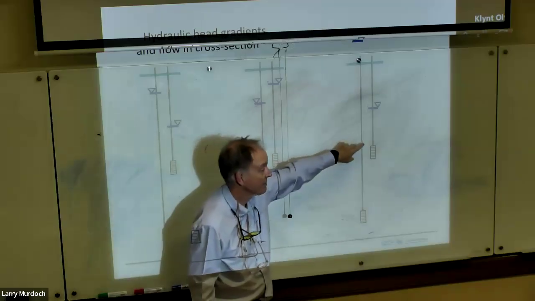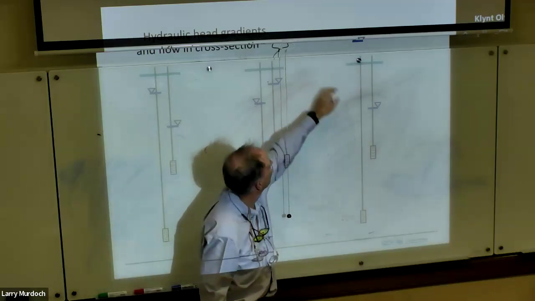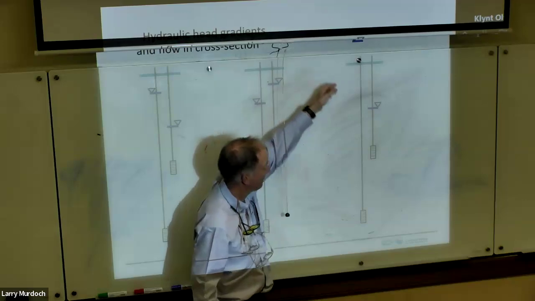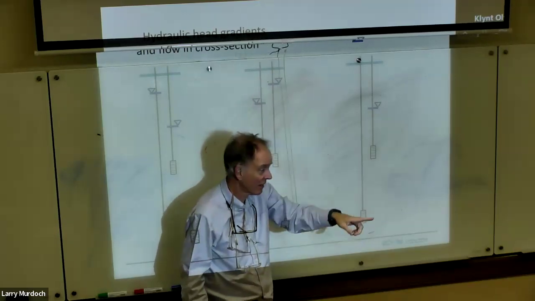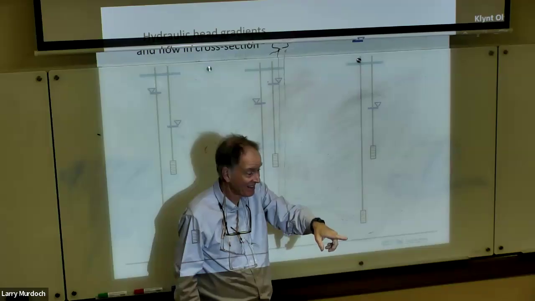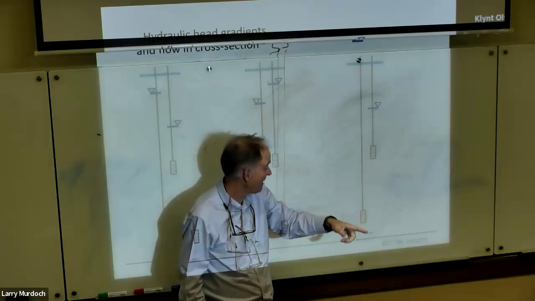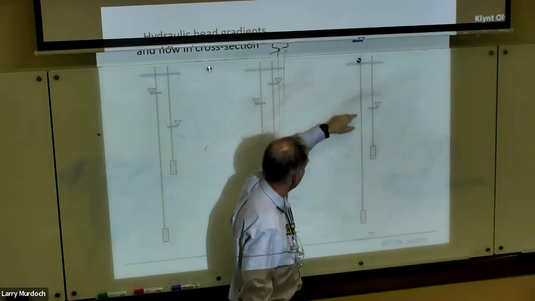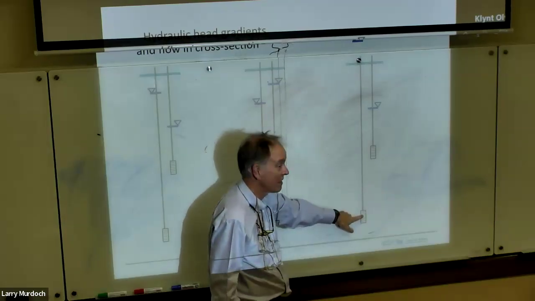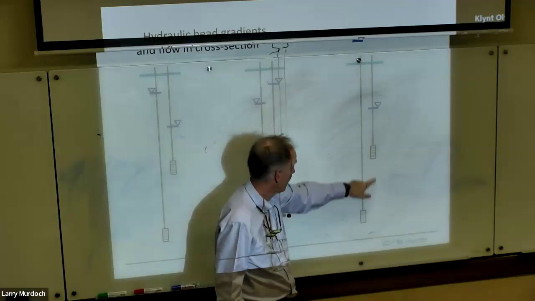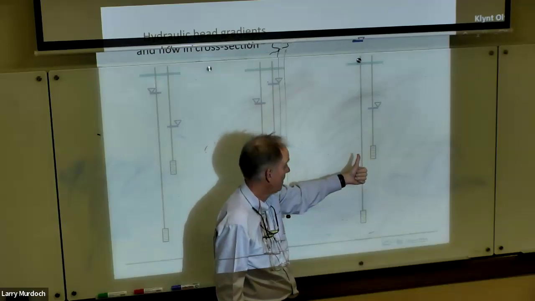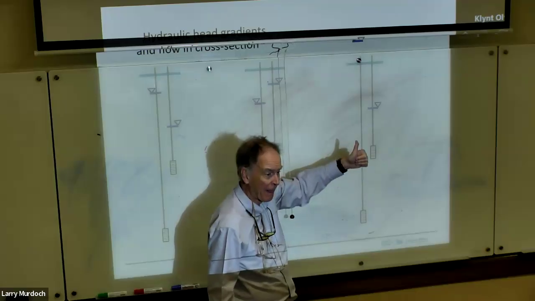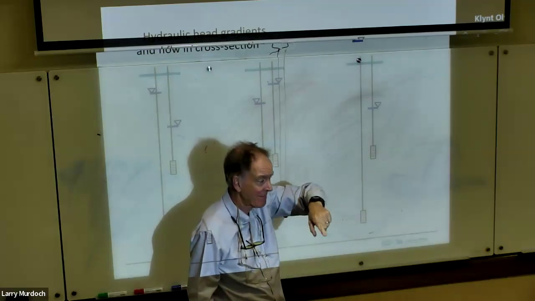And here, up or down? Wait, this side. Somebody. Yeah. Down. Okay. So the highest head is here, right? And the lowest head is here, so it's going up. What's the gradient? 1.